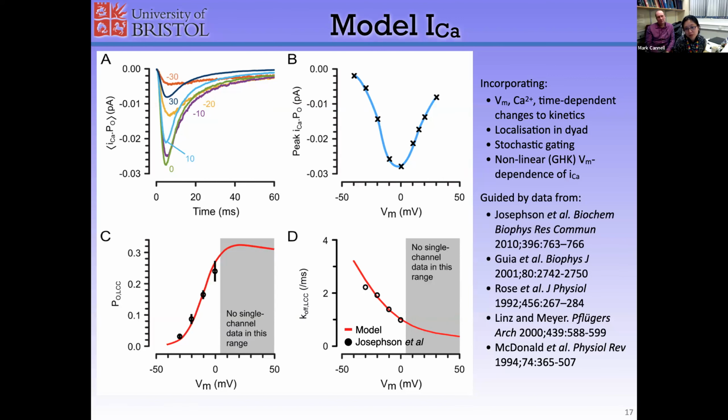It can also reproduce the current voltage relationship as shown in B. It was also able to reproduce the open probability shown in C and the off rate shown in D, reported by Joseph et al., who measured these single channel properties in near physiological conditions. But it is important to note that we couldn't find any data at higher potentials, and so we extrapolated the relationship depending on what other channels have done.